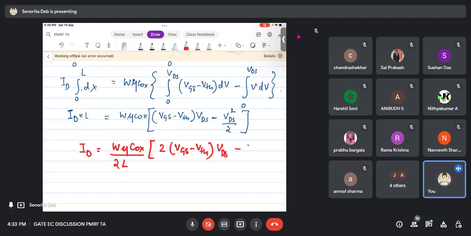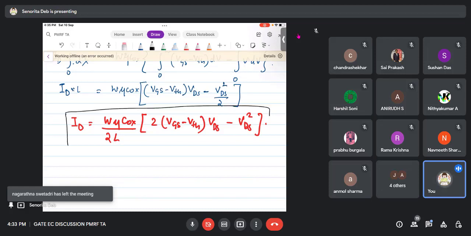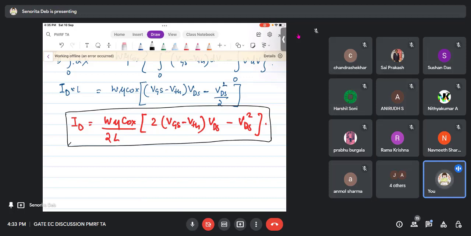This is the MOSFET's current equation, and this will be the equation that will come into use for your entire life if you are an analog designer. If you are not an analog designer, then at least till the GATE exam it will come into use. So this is how we arrive at the MOSFET's equation.